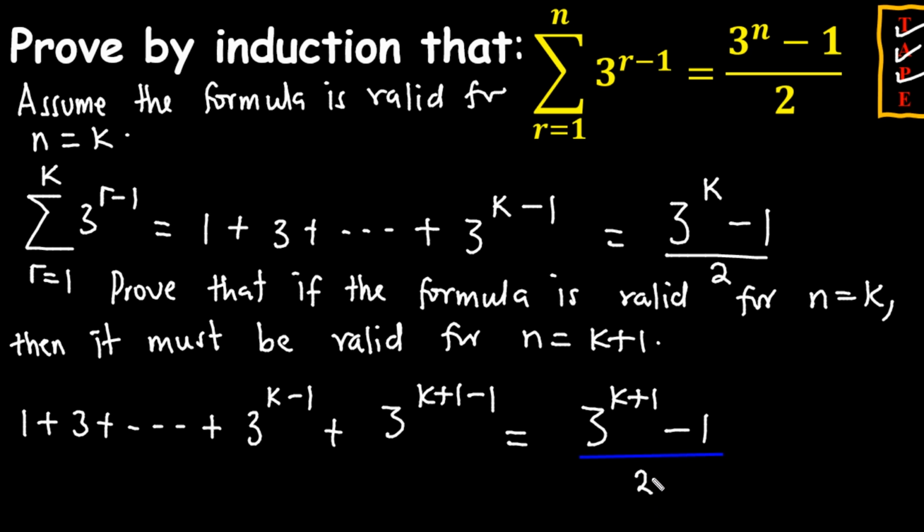Okay. Now, when we try to look at the left hand side of the equation, it is clear that 1 plus 3 plus dot dot plus 3 to the power k minus 1 is the same as this guy. Okay. So where there is 1 plus 3 plus dot dot plus 3 raised to the power k minus 1, we are going to substitute 3 to the power k minus 1, everything divided by 2.